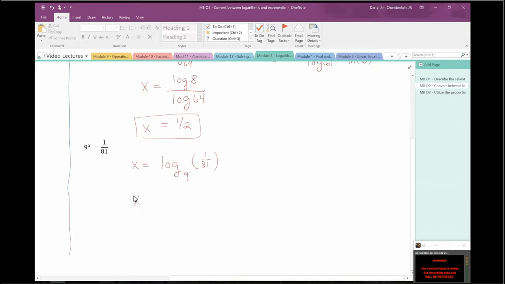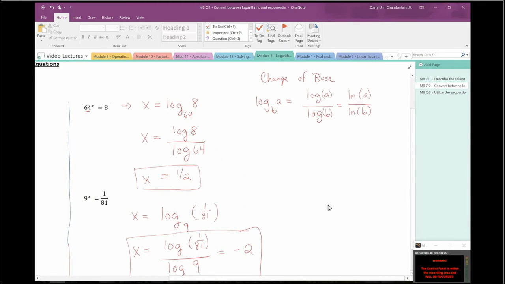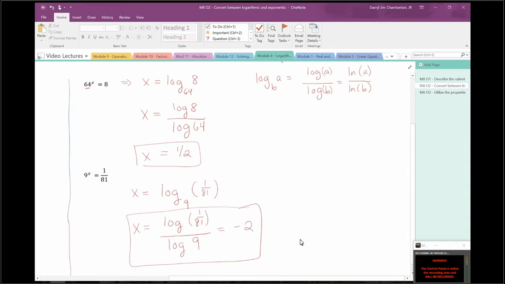So if we're just relying on our calculator to do this, we would rewrite this as log of 1/81 divided by log of 9. And we put that in our calculator and it would give us -2. And you could have put that in as natural log of 1/81 divided by natural log of 9. It'd still give you the same number.